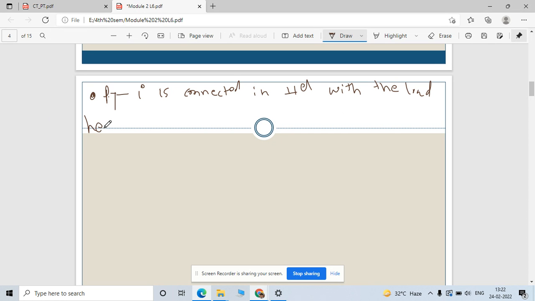Hence, it is also called as shunt transformer.